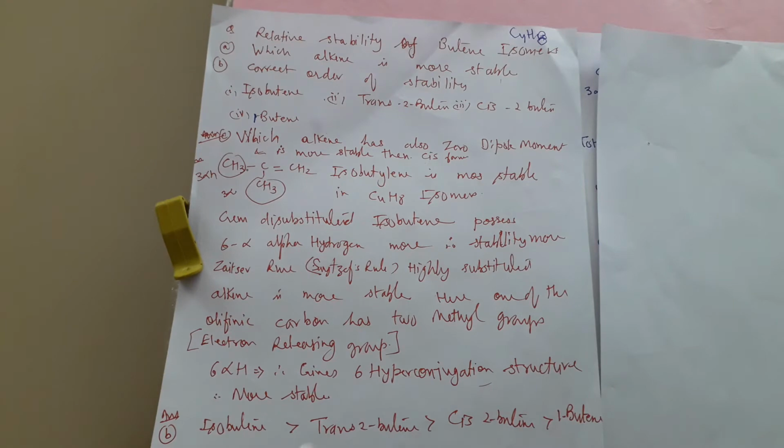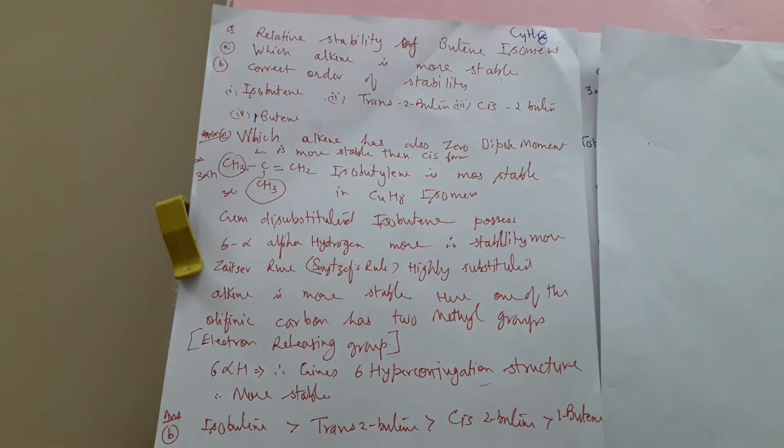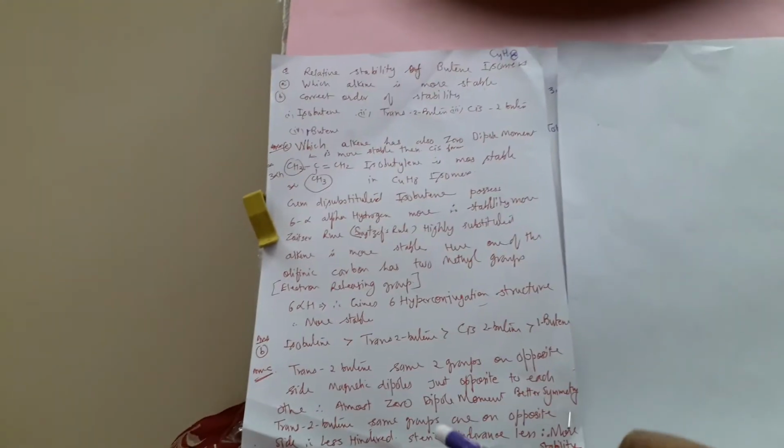And now when the question is which has almost zero dipole moment, trans-2-butene has almost zero dipole moment. Here I have written trans-2-butene has almost zero dipole moment. Why is it so?